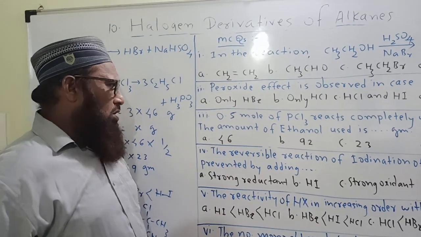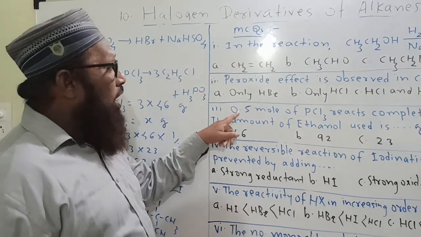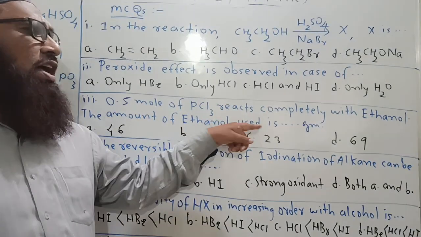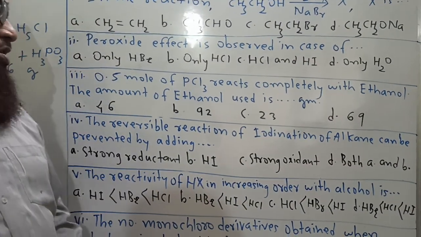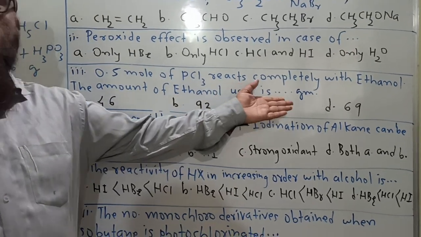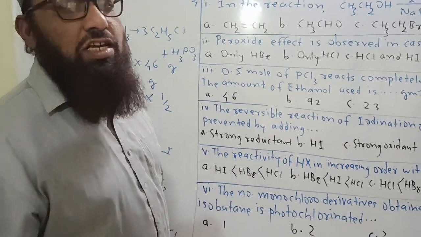Let us see question number 3. 0.5 mole of phosphorus trichloride, PCl3, reacts completely with ethanol. The amount of ethanol used is how many grams? For this, let us see the balanced reaction.